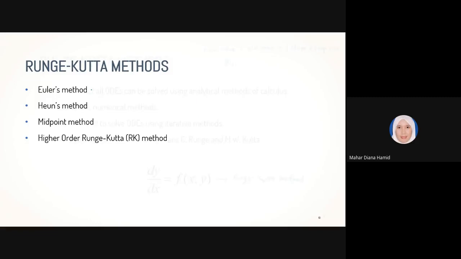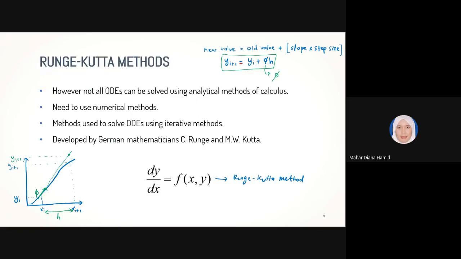If we refer back to the graph I showed you, the slope evaluated by Euler's method is only at the beginning of the function. However, this is not really accurate. Let's say this is the real function.